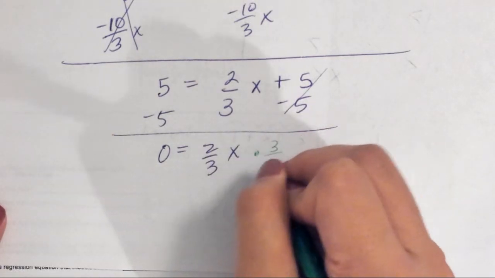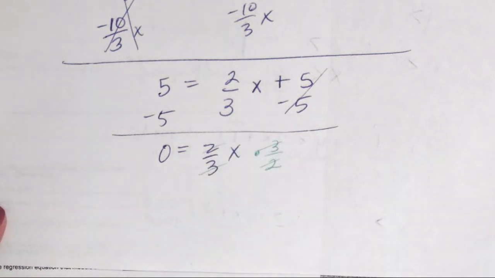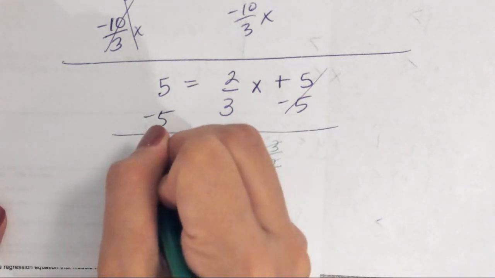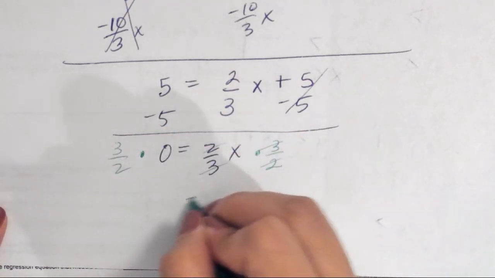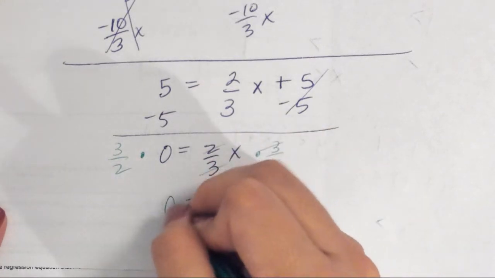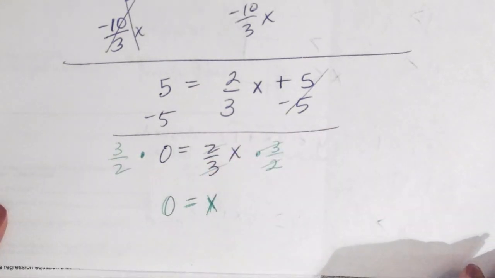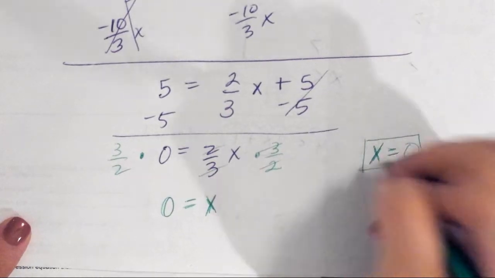So I'm going to multiply by 3/2, because then the 3's cancel and the 2's cancel. What you do to one side, you have to do to the other. So multiply by 3/2. So you're just left with x. 3/2 times 0 is 0. So your answer to this problem is x equals 0. That's it.